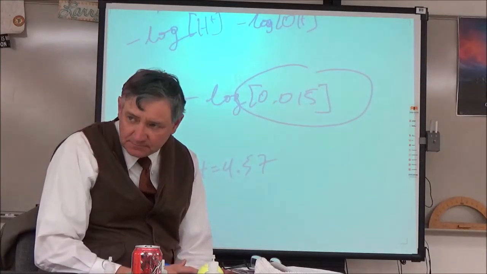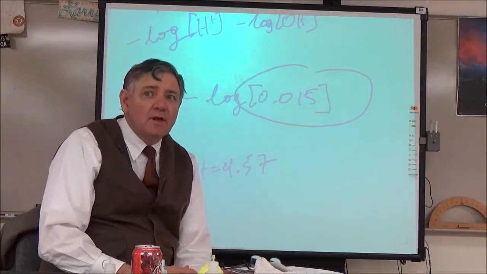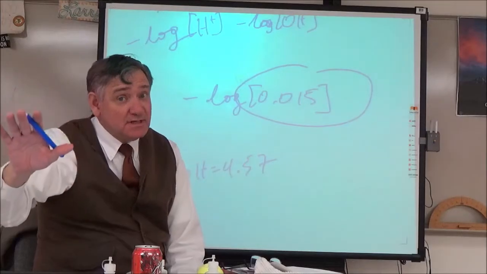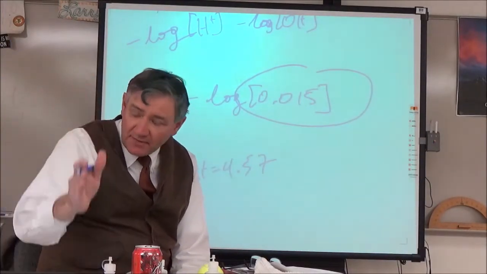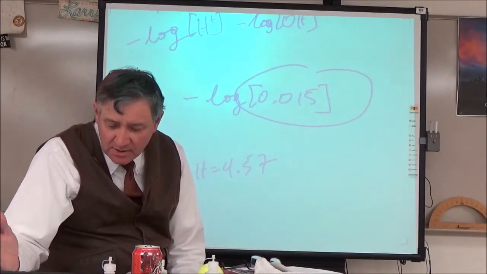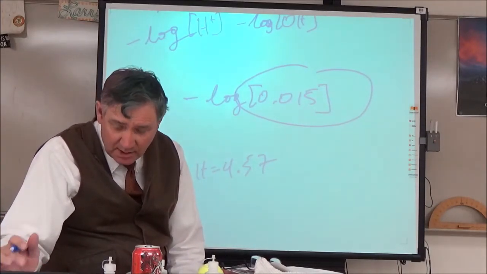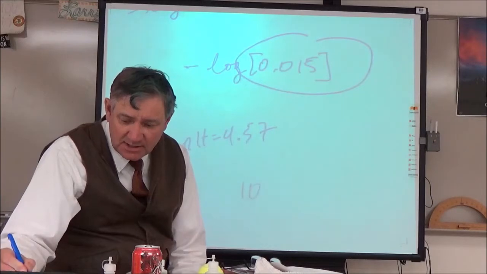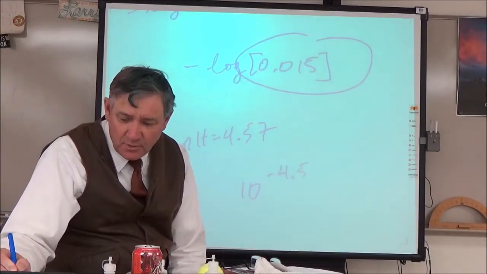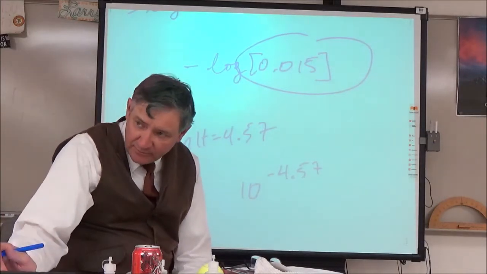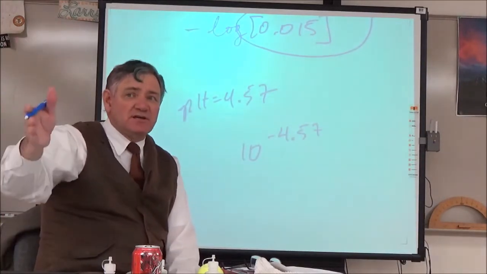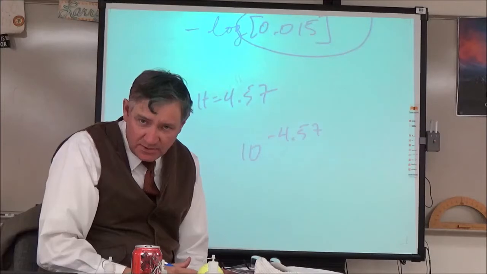Not 10 times, but 10 to the power of negative pH. Yes. So if you want to find, for example, on this one, the hydronium ion concentration, you're going to take 10 to the negative 4.57. That's going to get you the concentration of your hydronium ion.